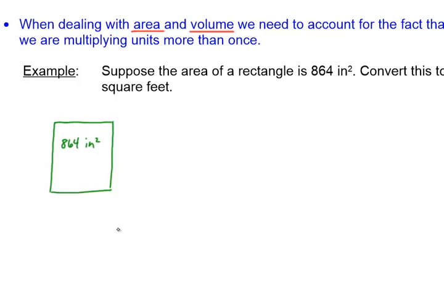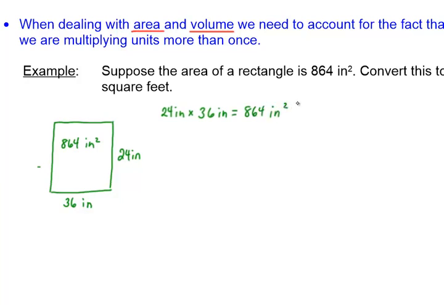Now let's just pretend that I know the lengths of the sides. Let's pretend that this is 24 inches and this is 36 inches. When I multiply them together, I get 864. But basically what you're doing is you would take 24 inches times 36 inches to get 864 square inches.